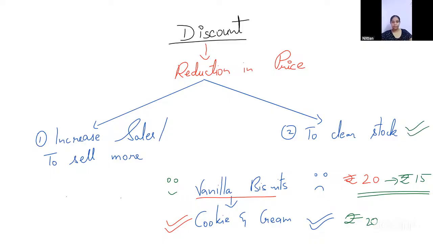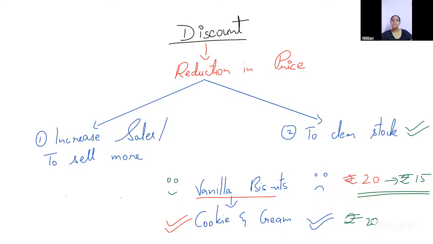You are unable to sell something because it is old now, or because some new trend comes. Similarly, this happens in clothes also. In fashion, some trend is coming, some cloth is selling very well. Then its trend is gone, another new trend comes.